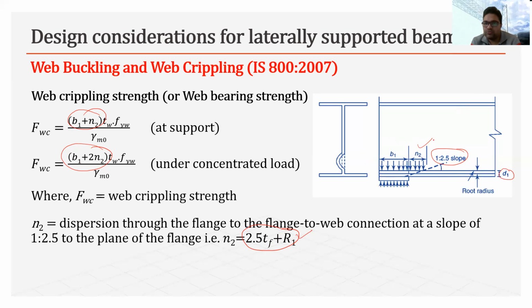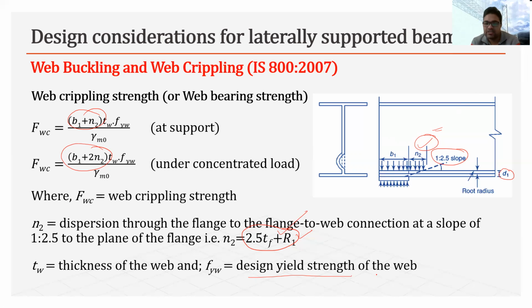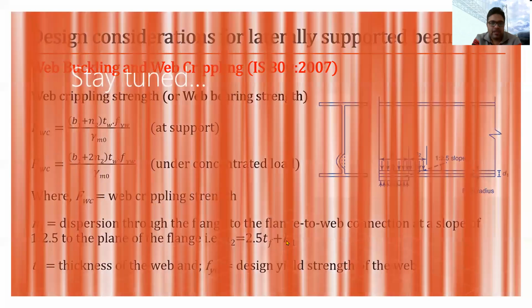So this N2 value will be equal to this one. Similarly, TW is the thickness of web, and FYW is the design yield strength of the web. So this I have already discussed.